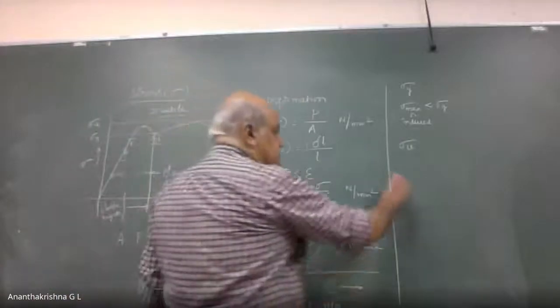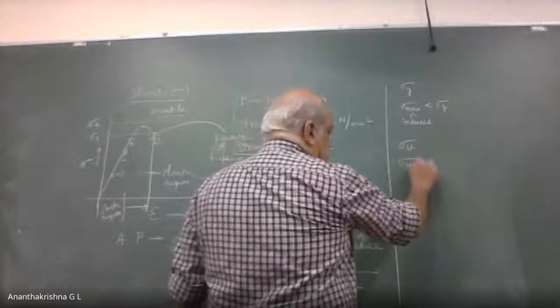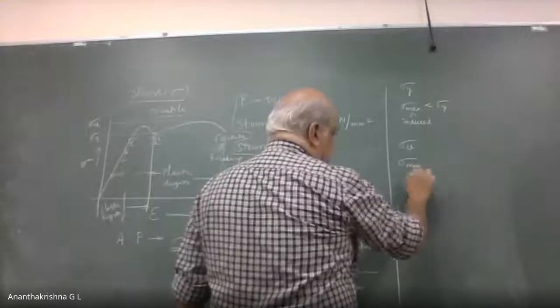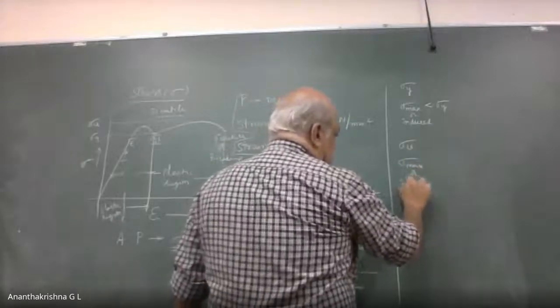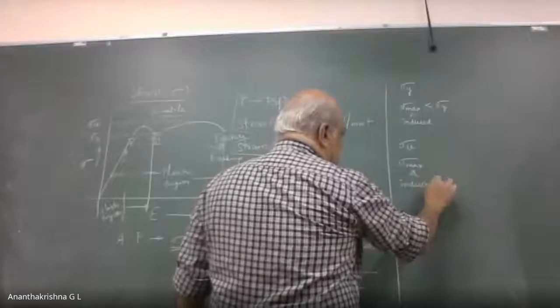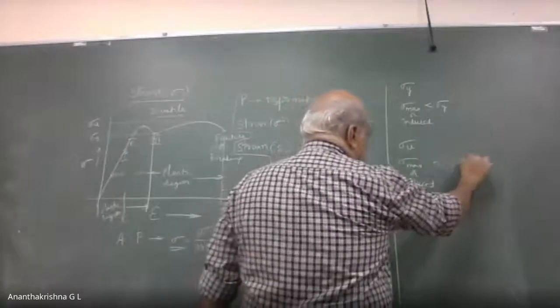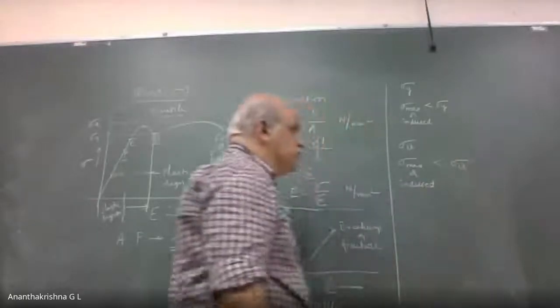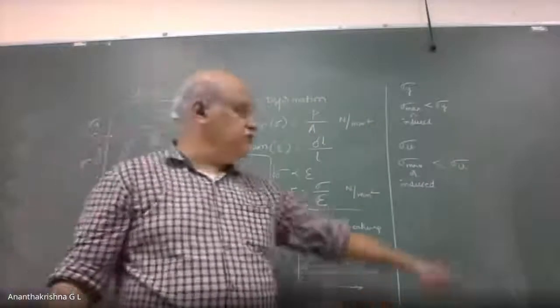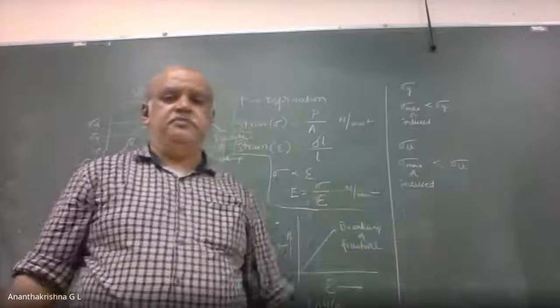That is, the maximum stress induced, or sigma max, in a component or material should be less than the ultimate strength of the material in the case of brittle materials. Is it okay?